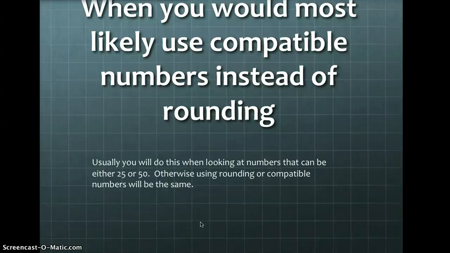You usually will do this when you're looking at numbers that can be either 25 or 50. Otherwise, using rounding or compatible numbers will probably be about the same. Use 25 or 50 because those numbers are easier to work with, because they're talking about looking at fourths or looking at halves, and you can look at those as quarters and money that we're used to using.